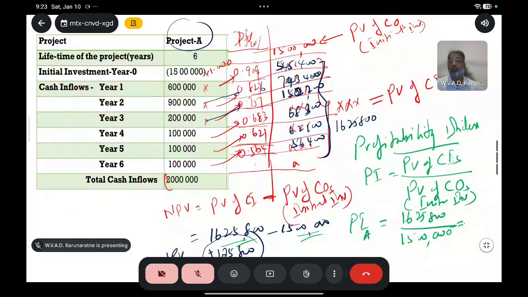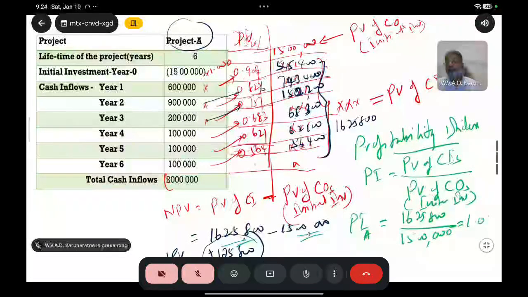Tell me the answer. So how to? Yes, we have to divide. 1.08.